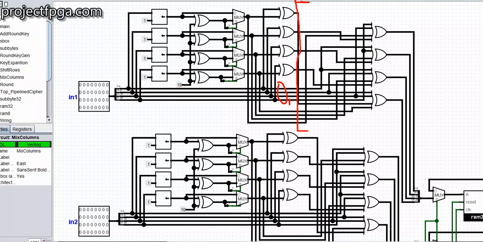Then I will likewise describe this signal here as my multiplication by 2, because they are coming from here. I told you earlier, multiplication by 2 means shift to the left by 1. This is where I shifted every single byte here by 1. Then it comes here.